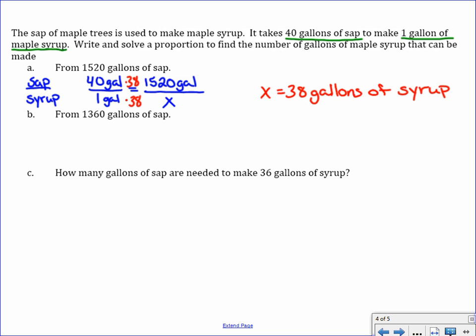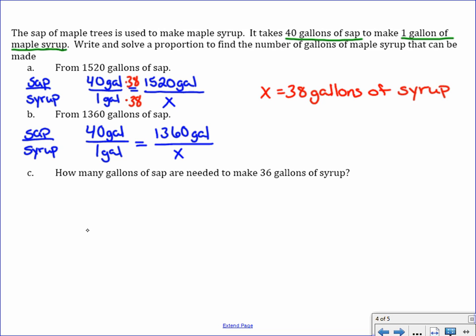B, how much syrup do I get from 1,360 gallons of sap? Again, I'm going to use the ratio of sap to syrup. And I know that there are 40 gallons of sap to make 1 gallon of syrup, and that is equal to 1,360 gallons of sap over we do not know how much syrup we're going to get.